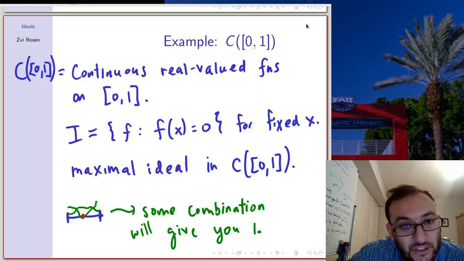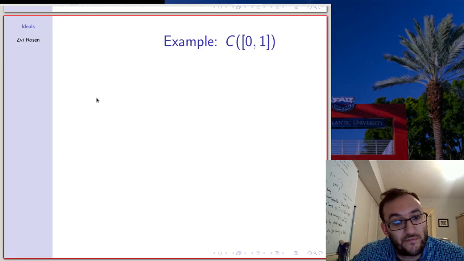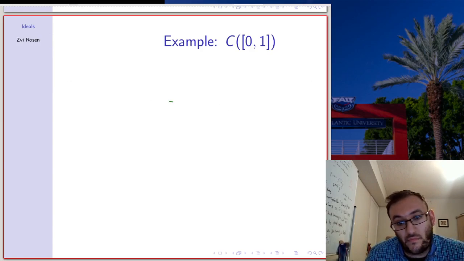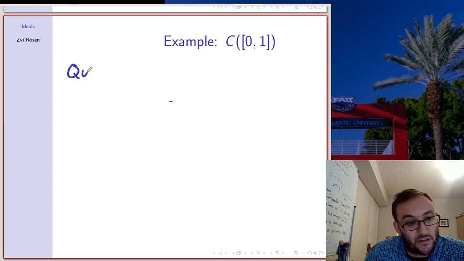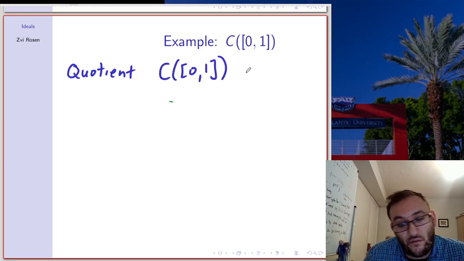Oh, and I should point out, what's the quotient of C on [0,1] by this ideal?